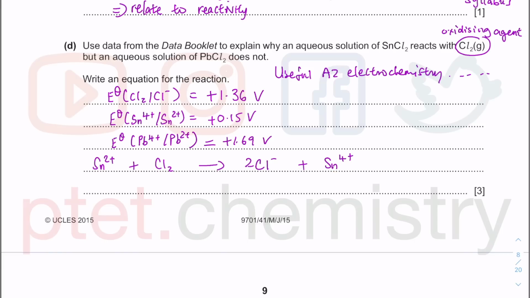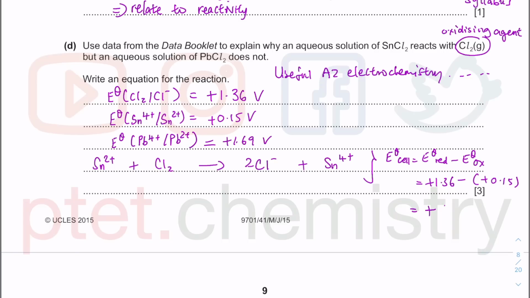So this is the balanced equation, and what you have there is your E cell, which is your E red minus your E ox. The Cl2 goes to Cl minus, so this is going to be your E red, and this is going to be your E ox. You can see that something which is more positive minus something which is less positive, you're going to get something positive. 1.36 minus 0.15.